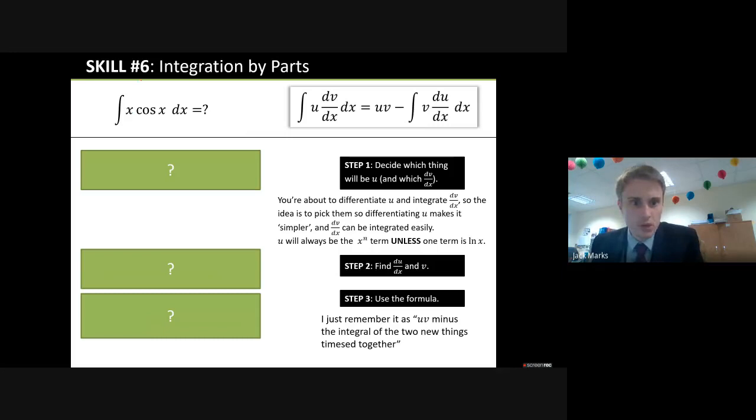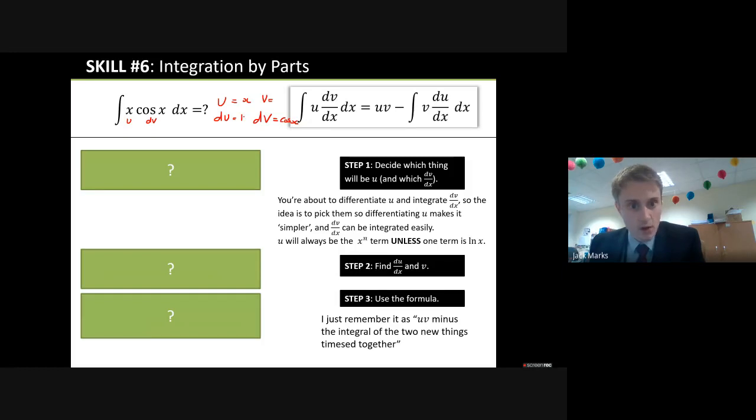So let's show you what I mean by that. This is our u piece, this is our dv piece, and I will often write something like this on my piece of paper. u equals x, and again, I'll tell you why in a moment. dv equals cos x, and then while I'm here, I'm going to do du. Make sure your du does actually look like a u, because that's a very easy mistake to make there. And then also v.